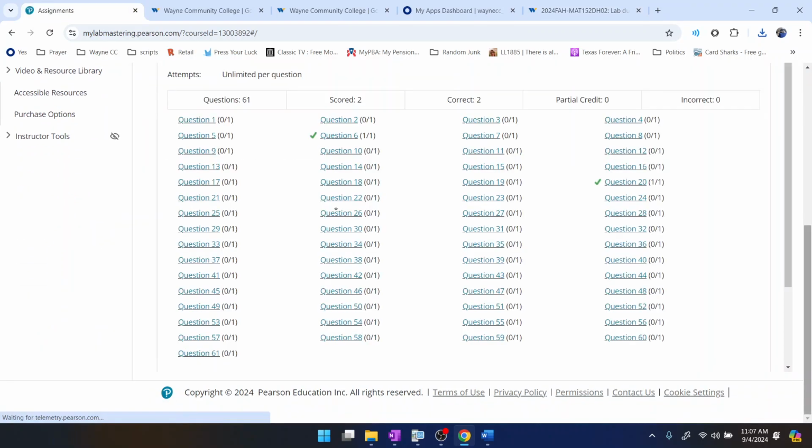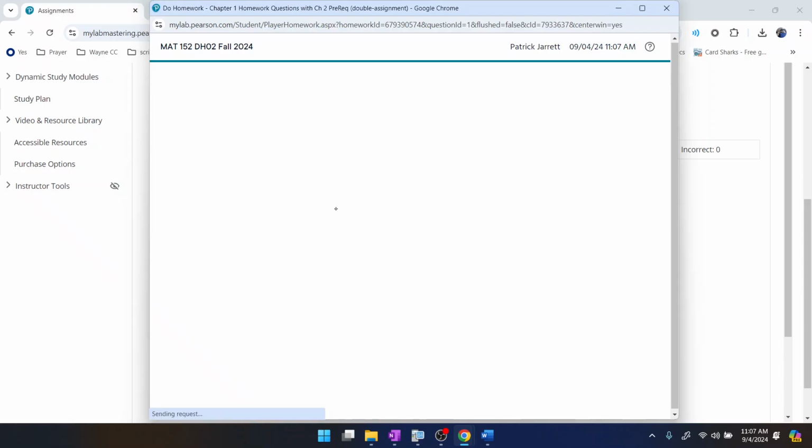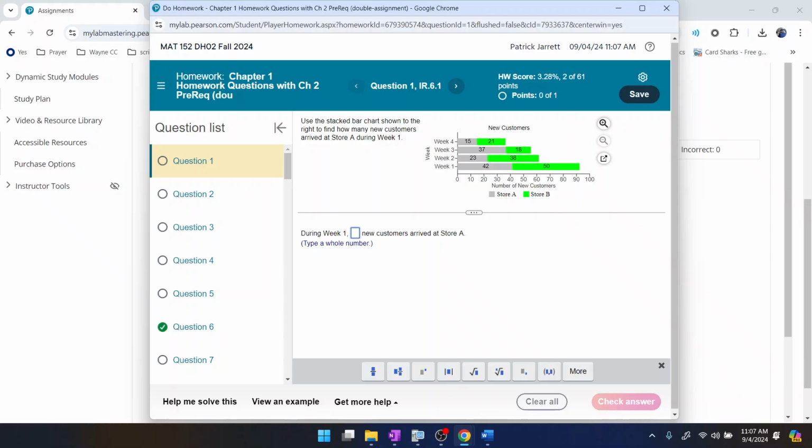Let's say for some reason you did not get a 100% on this first assignment or any assignment. If you know what's good for you, do not redo any of the questions that you got full credit on. But for instance, I can redo this question, and let's see here. How many store A? 42.